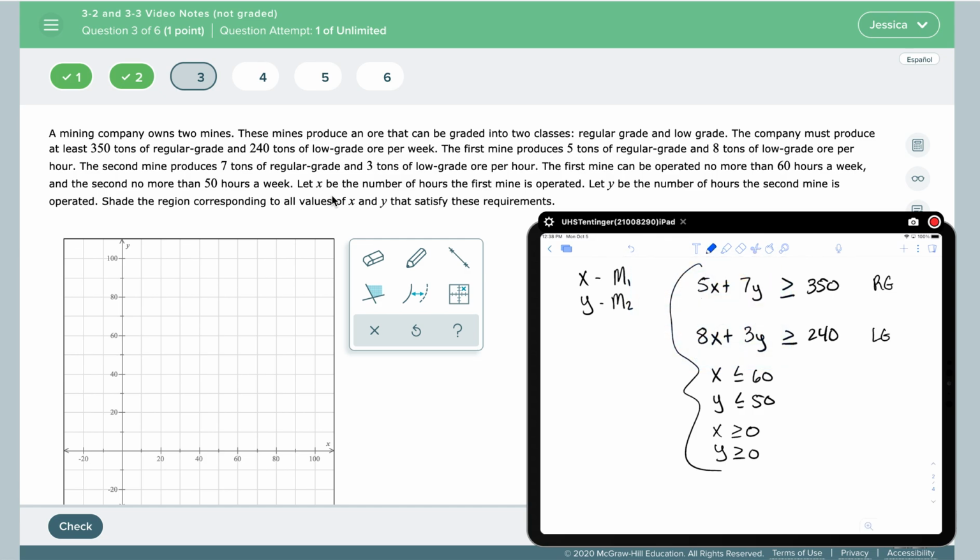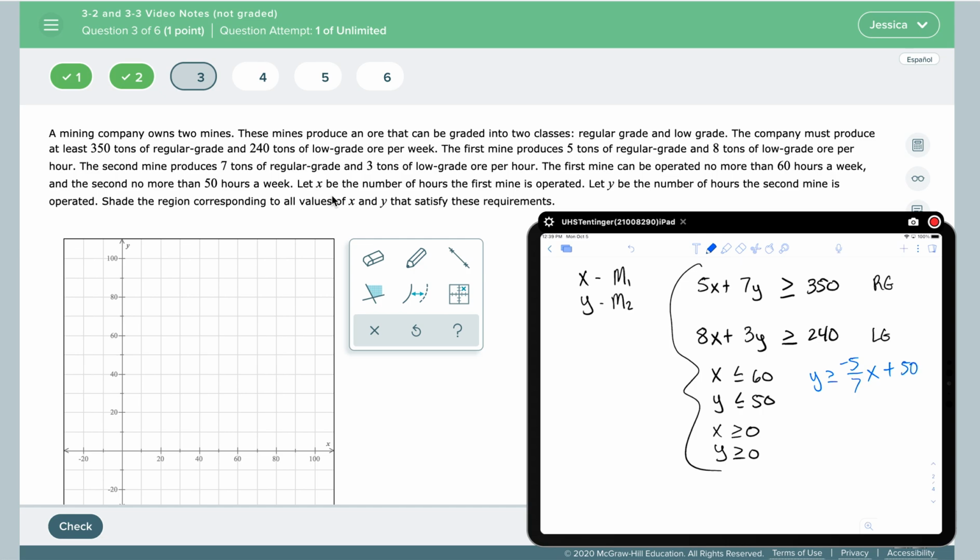So looking at this one, I'm going to subtract the 5x and then divide everything by 7. So this will be y greater than or equal to negative 5 over 7 x plus, and then 350 divided by 7 is 50. Okay.